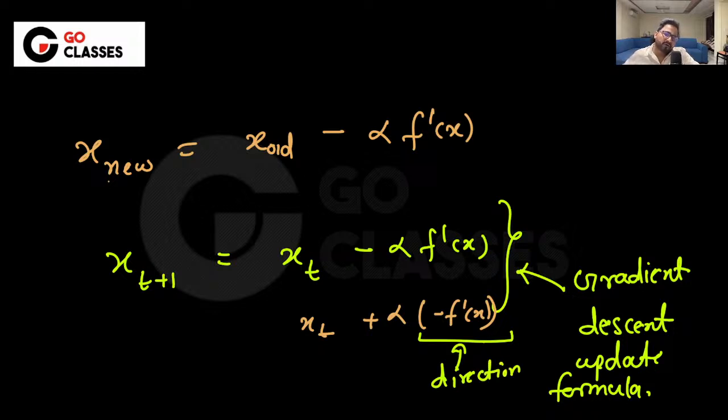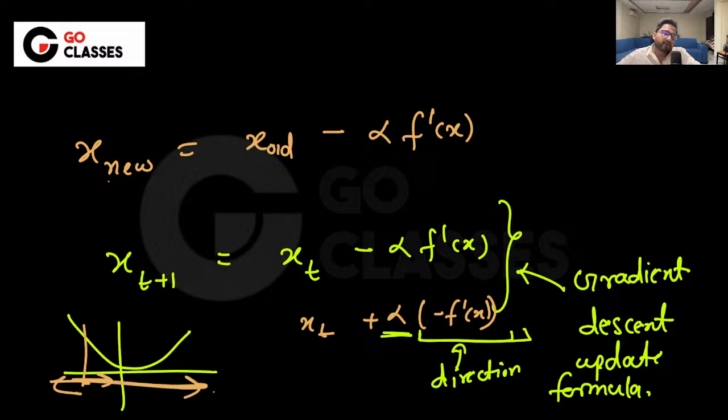You can take the unit vector also, doesn't matter, then alpha will be changing. But this is majorly for the direction only, right? In this direction I need to go. But how much is given by alpha. So basically, I first get to know where to go, whether to go left or right, and how much to go left or right. It will be given by alpha.